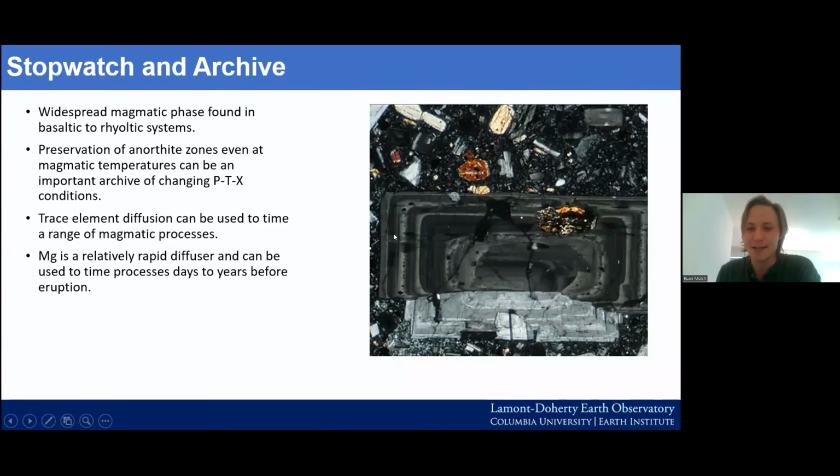So we can get a nice history of this plagioclase's lifetime. And because anorthite is so slow at moving, it can also be useful for constraining initial conditions in diffusion chronometry.